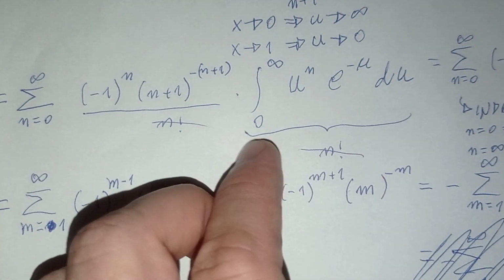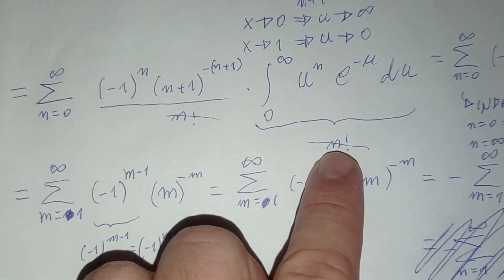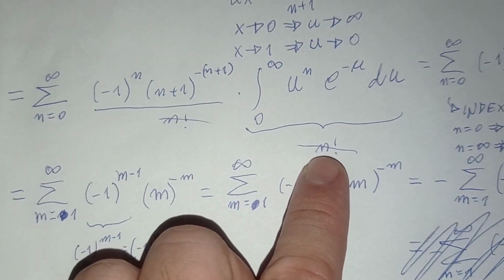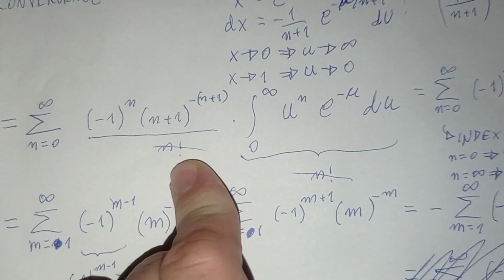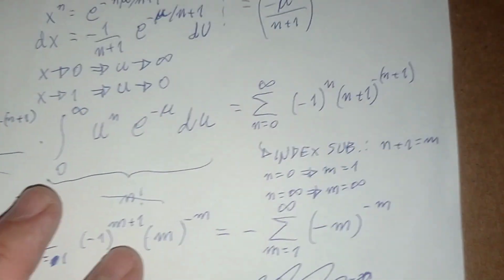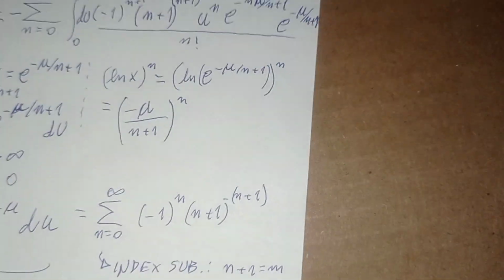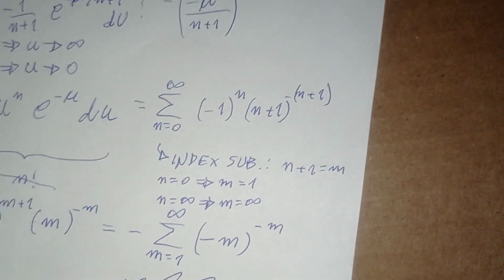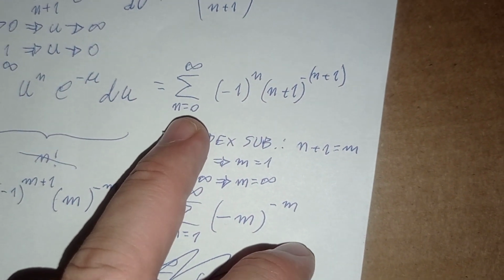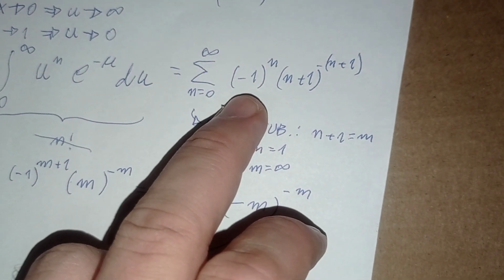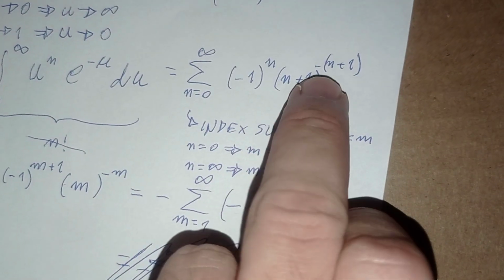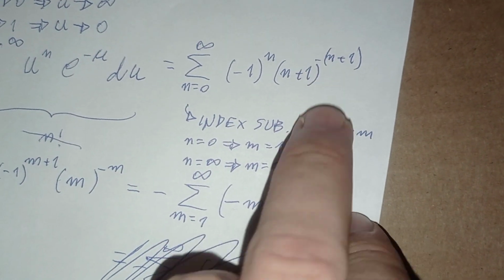This is the definition of the gamma function, so this is gonna be n factorial, which is gonna cancel this n factorial. So we are finally very close to the sum that we wanted, the sum from 0 to infinity of (minus 1) to the n times (n plus 1) to the minus (n plus 1).